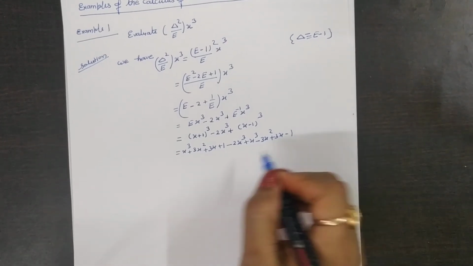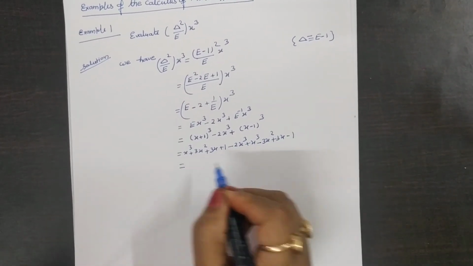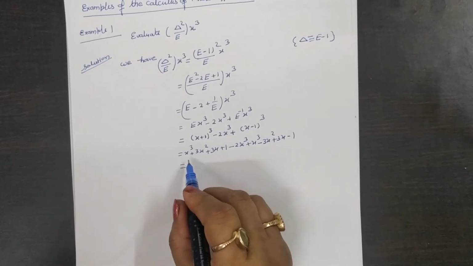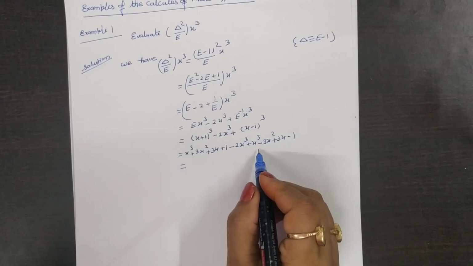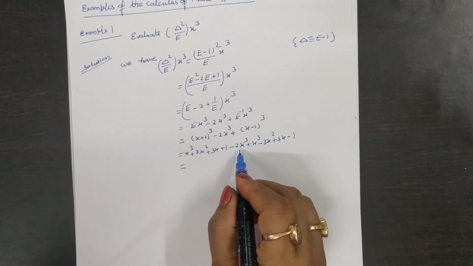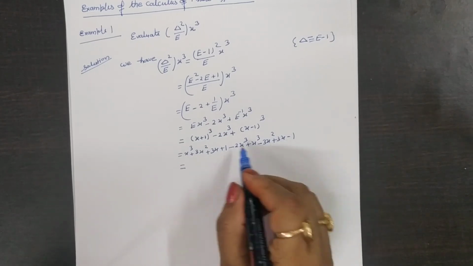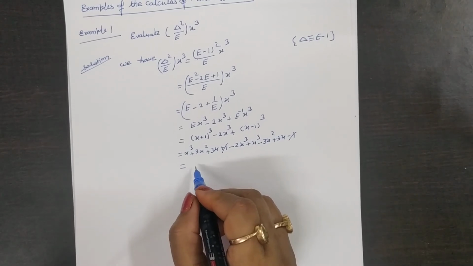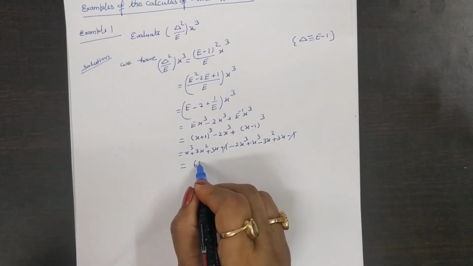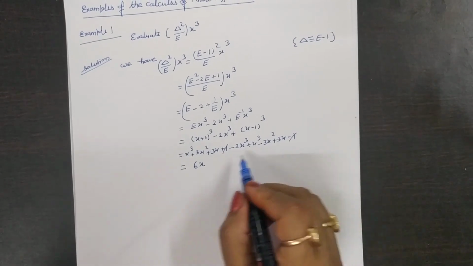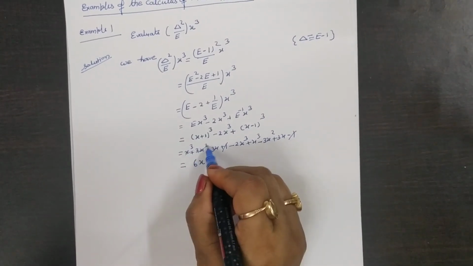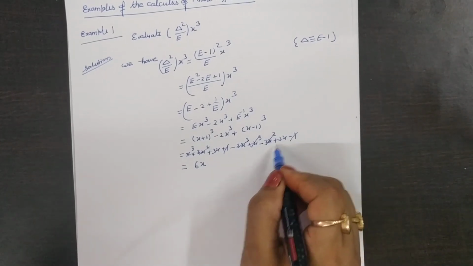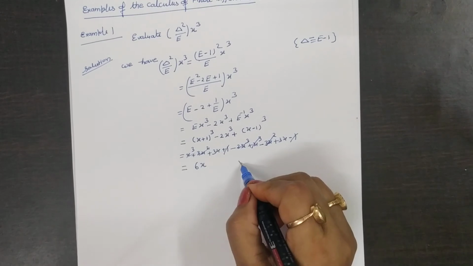If you solve it, you get x cube, 3x cube... the x cube terms cancel, 3x square cancels out, 1 cancels out, and so we get 6x.